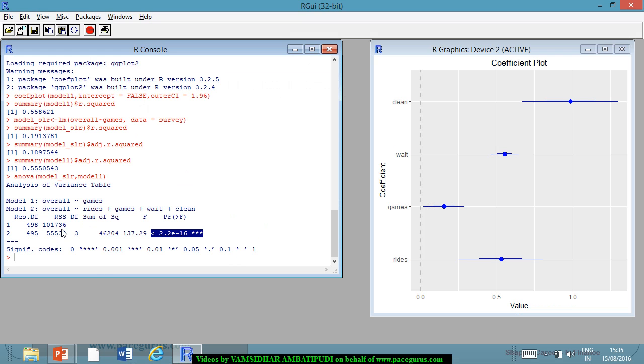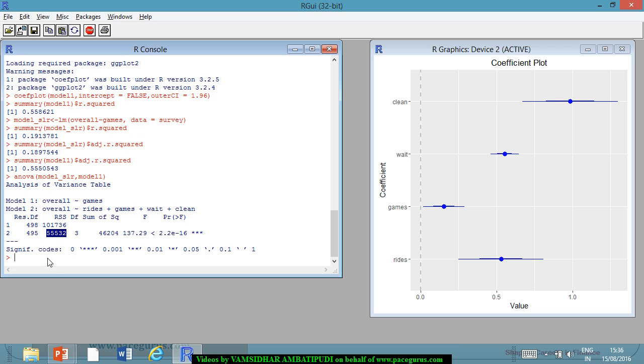From there I am going to look at the values, based on which I am able to say that model 2 is much better compared to model 1, because I could see here the residual sum of squares is 101736, whereas it's hardly 55,000 here. So the error is much lesser in the second.